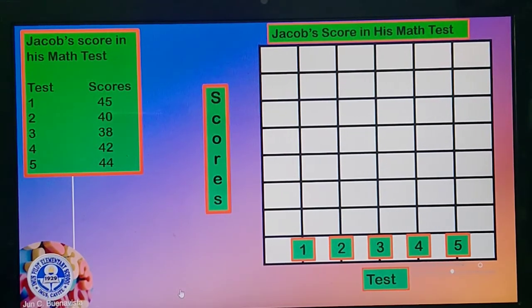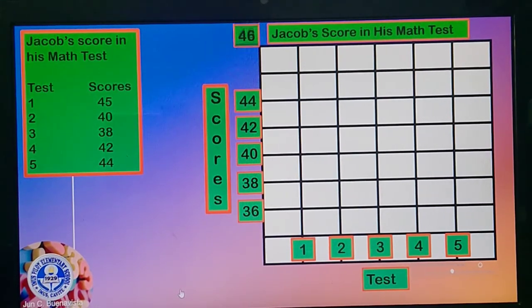Our given, the majority of the given, is even number. So, pag even number, we can have by 2s or by 10. But the given, the last digit, we have 0, then we have 2, we have 4. So, that is why we use the scale by 2s. So, mag-start po tayo kay 36, followed by 38, 40, 42, 44, 46. So, stop na tayo kay 46 since the highest score is 45.